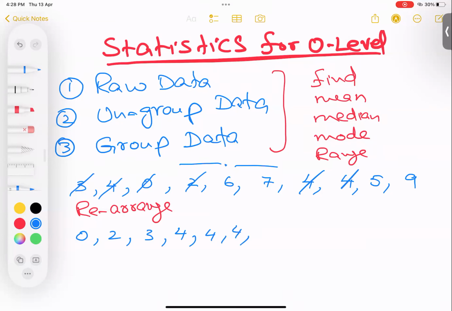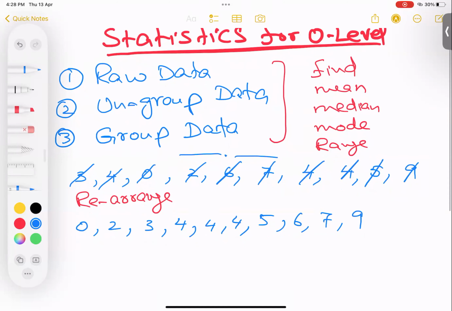Sorry, 5 is also missing. 5, I cut. 6, I cut. 7, and then 9. I hope you understood why this cutting technique: less chance of error. This cutting technique will help us and there is no chance of mistake. I hope it is clear.